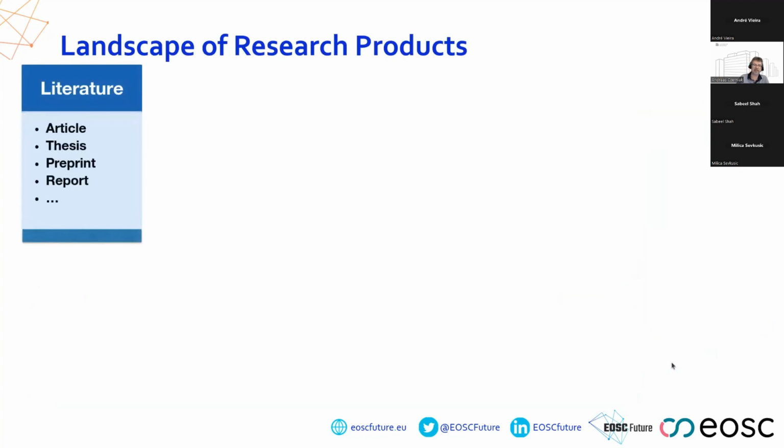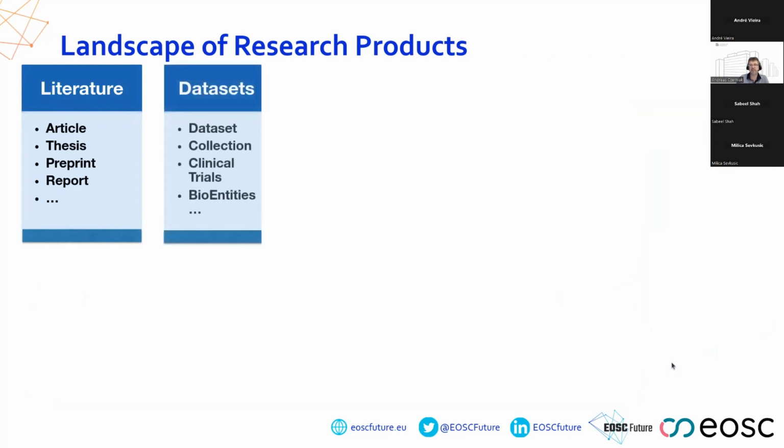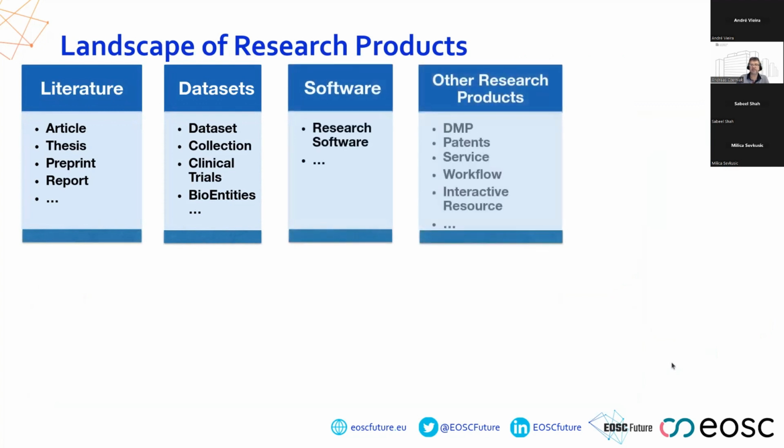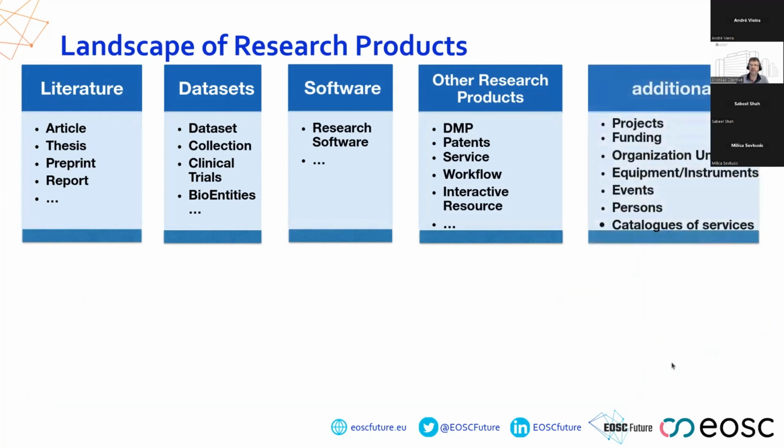As you all know, publications, namely literature, articles, theses, and preprints are available, as well as data sets in data collections or as bioentities, as well as research software, also patents, data management plans, workflows, interactive services and resources, and additional things which are beyond research products themselves, but are also research entities, like projects, funding, organization units, and so on.